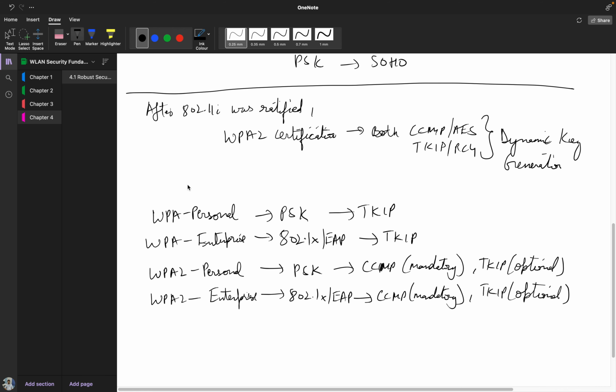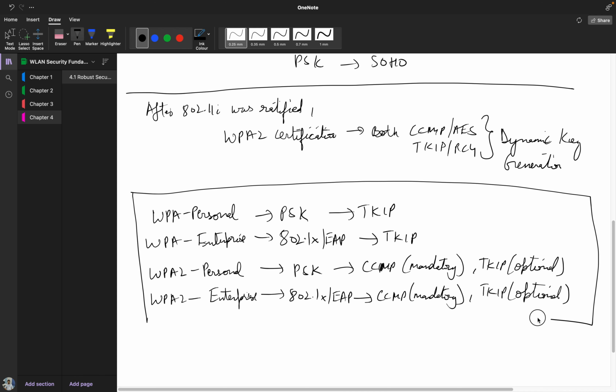This is something you should know. I tried to make it in the form of a table so that it becomes easy for you to consume. So 802.1x authentication is a little more complex and meant for enterprise, and passphrase is a little simpler, so it is meant for small office, home office.